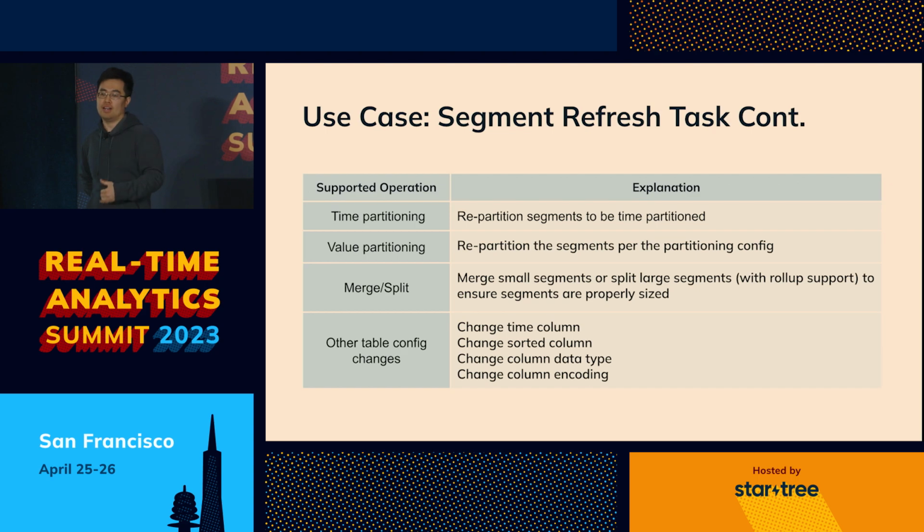For example, if I think the segment is too large, and I don't need such great granularity of the data, I can just change the table config, and then this task will automatically merge some of the values and reduce the segment size. And it can do many more, for example, change the time column, change the sorted column, even change the data type and the underlying encoding.